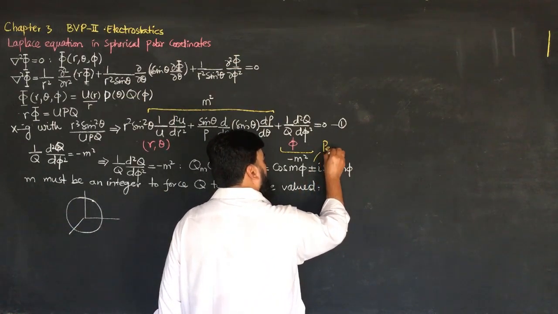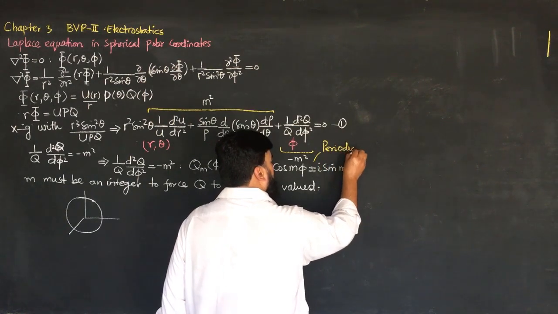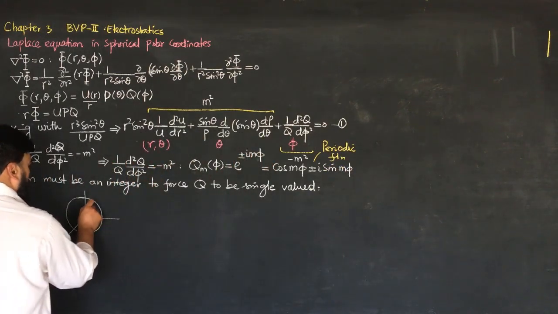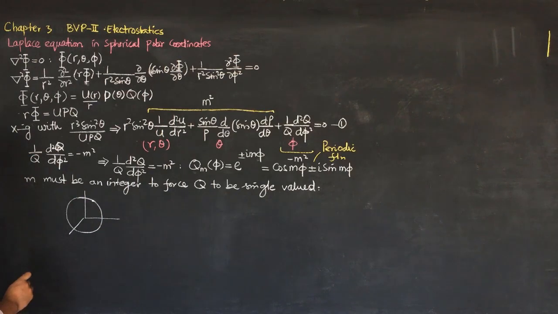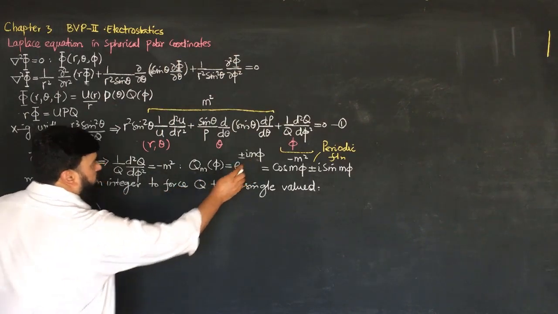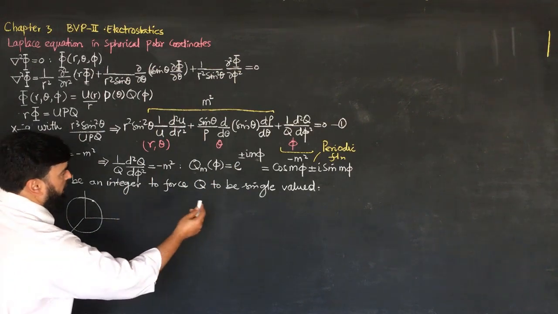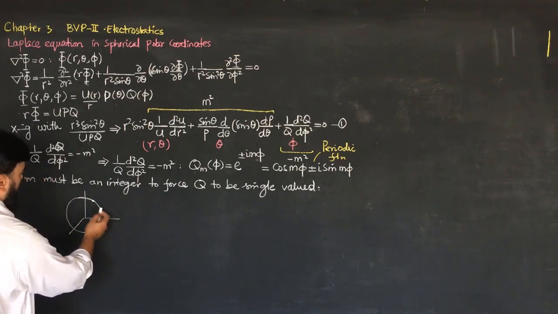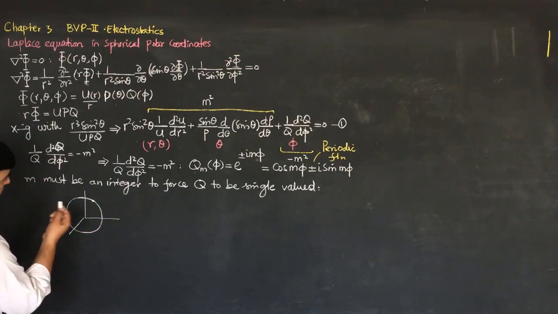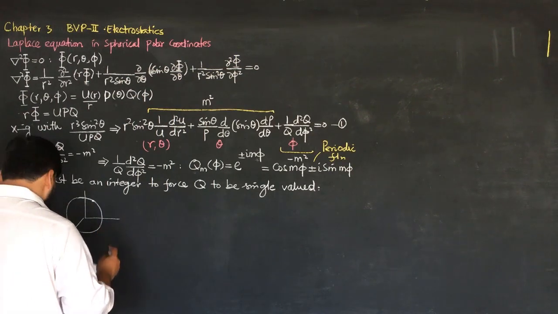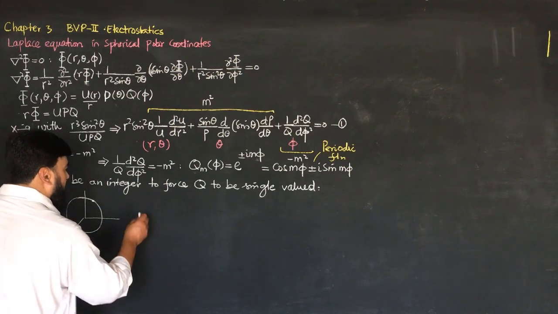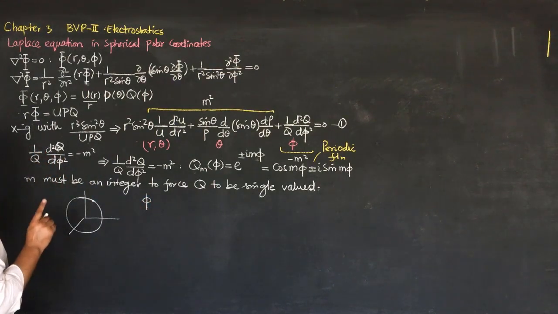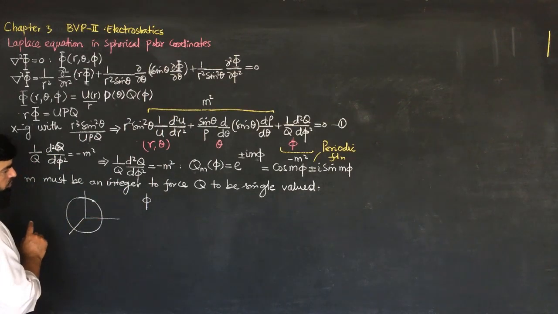Periodic means that, for example, phi is sweeping along the plane of x and y, and for any point on this sphere along phi, q should have one value.